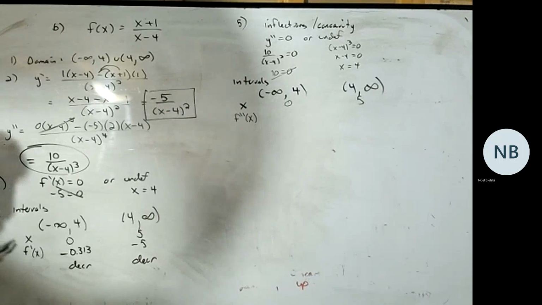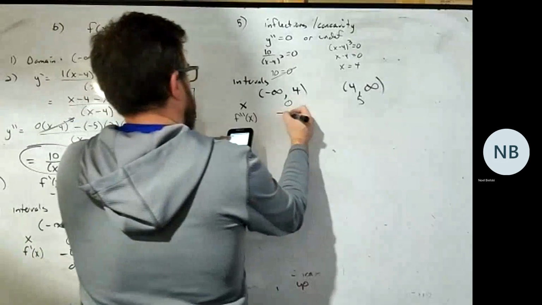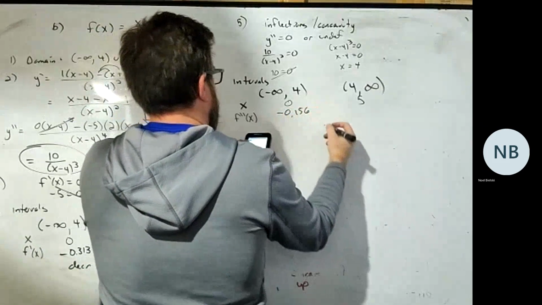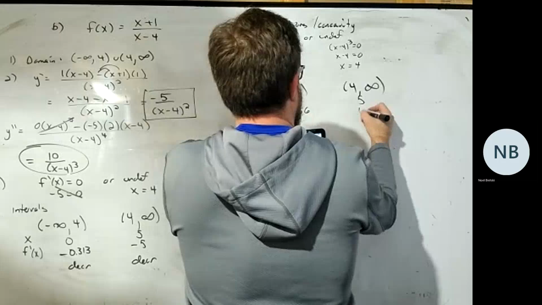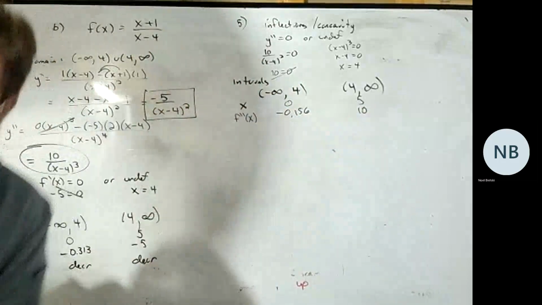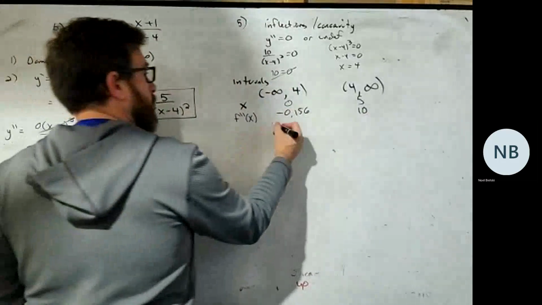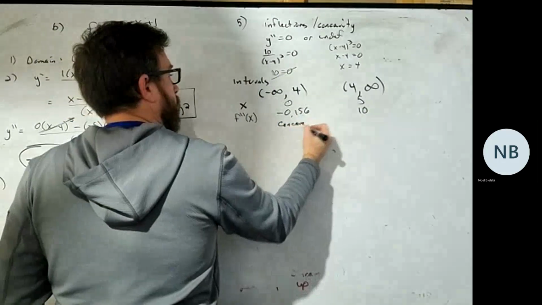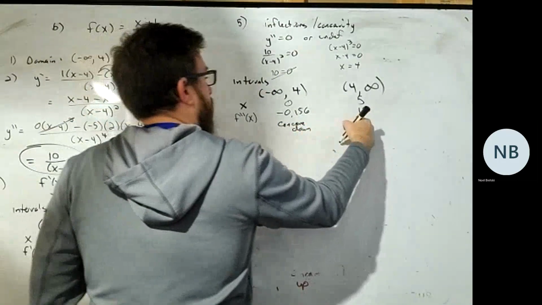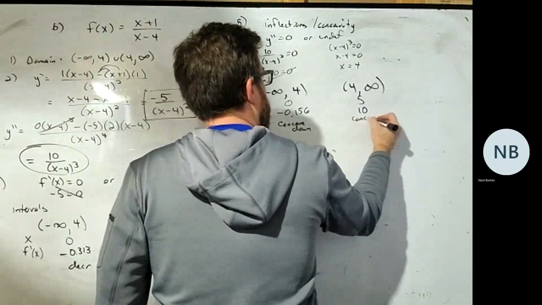Plug in those numbers, so this one gives me negative 0.156, and this one gives me 10. But a negative for the second derivative means this is concave down. Positive means this is concave up.